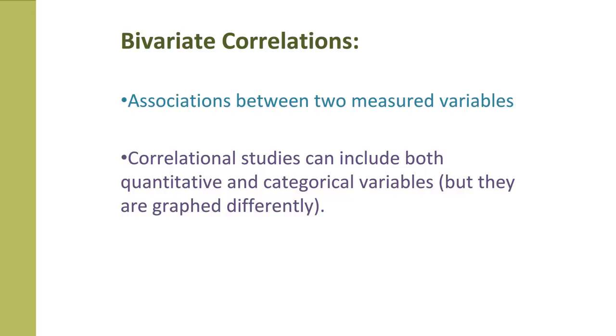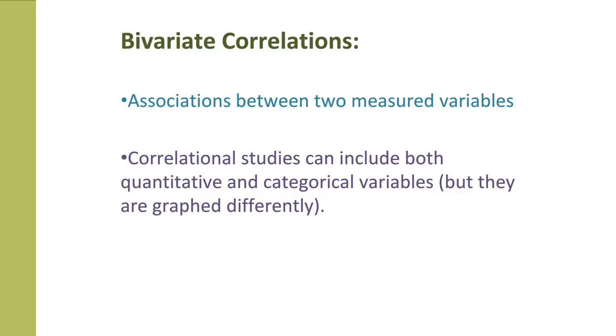Again, correlations can range from -1 to +1. Either end would be a perfect correlation. It doesn't matter if it's a -1 or a +1. A +1 would be a positive correlation: as one increases, so does the other. Negative would be one variable goes up, the other variable goes down. A zero correlation would mean no relationship.